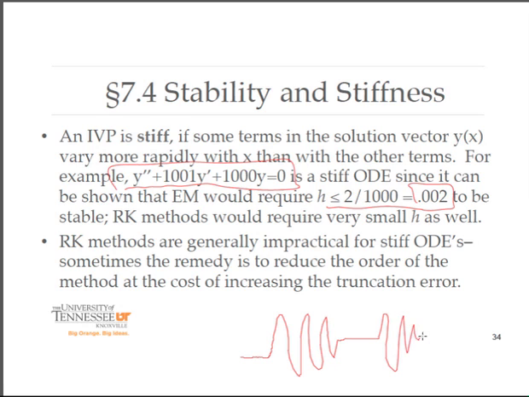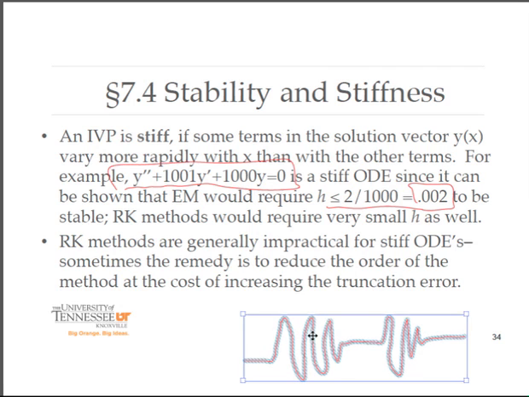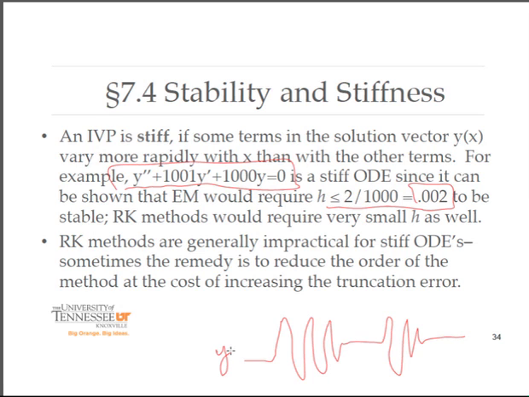This comes up very commonly in chemical reactions and so forth. And so it's hard for the ODE method. It can do really well on these kinds of regions, but then it struggles with a big h. And so you end up having to pick a step size that's very tiny, which is wasteful in some regions. So it makes these methods very impractical for these kinds of problems if your solution looks something like this.